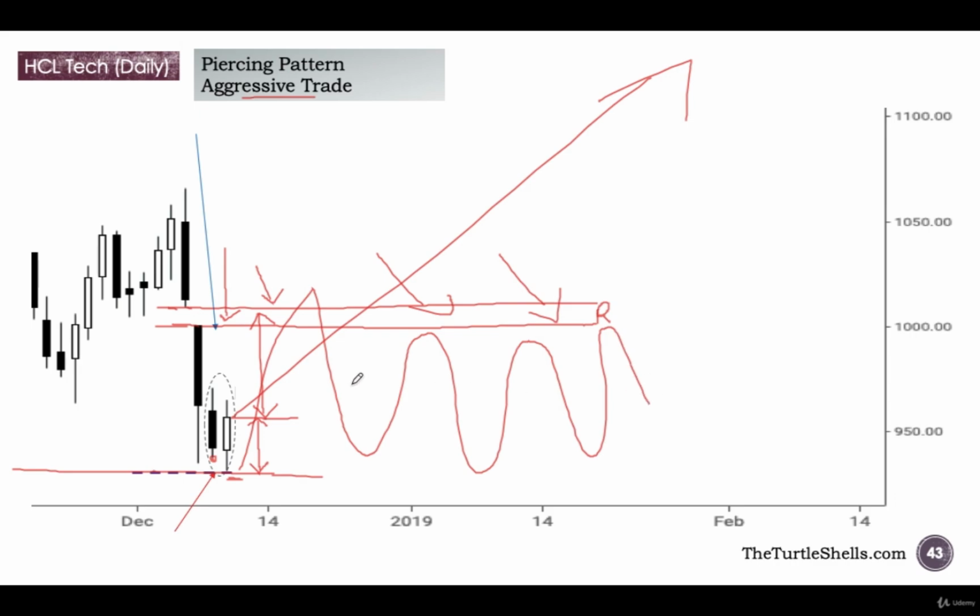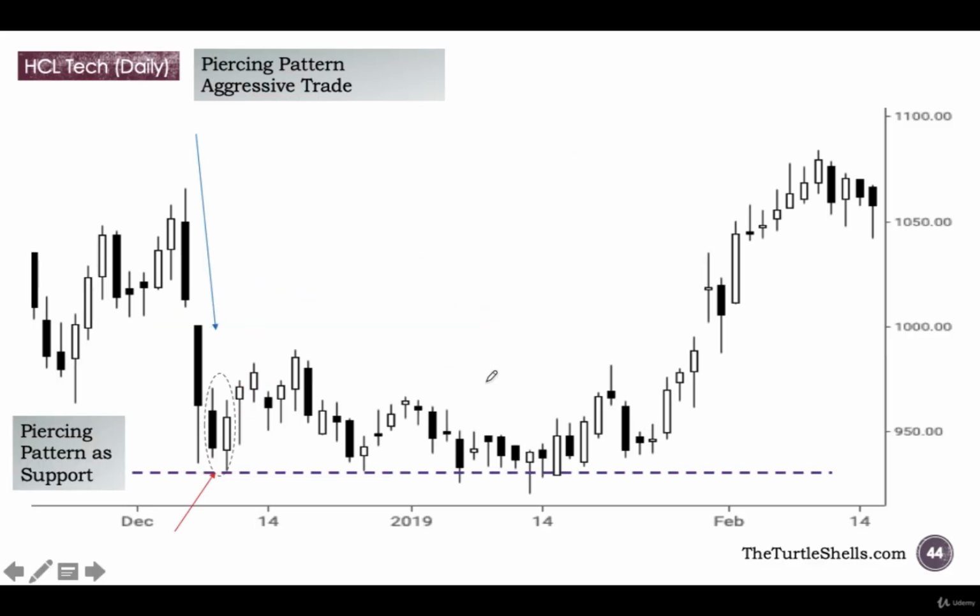So it's a risk. Although this might become support, the capital might get tied up in that trade, which is exactly what happened. See, there is not a single candle in this entire range from here till here which has closed below this purple dotted line, because the purple dotted line is the support created by the normal piercing pattern.